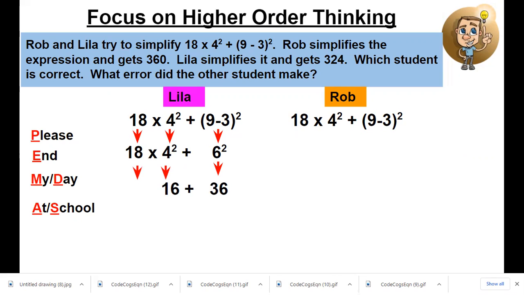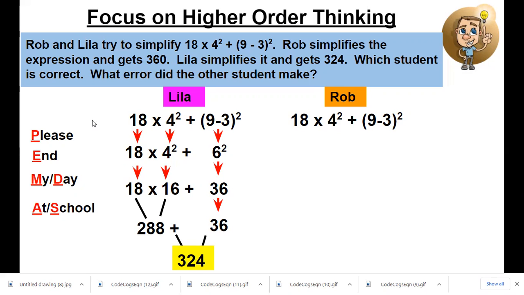And then I'm going to bring the 18 down. Now I do multiplying or dividing. I have 18 times 16. When I multiply that together, I get 288. And then I'm going to bring down the plus 36. And now I do the last step, adding 288 plus 36. 324. That's what Lila got.